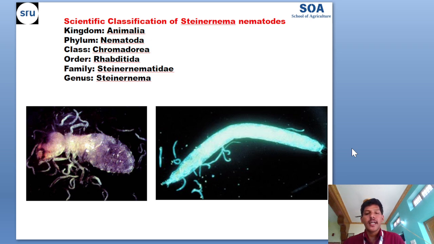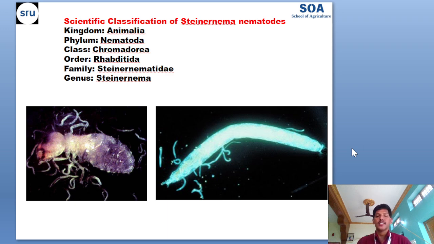See here the scientific classification of Steinernema nematode. It belongs to the kingdom Animalia, phylum Nematoda, class Chromadoria, order Rhabditida, family Steinernematidae, genus Steinernema.